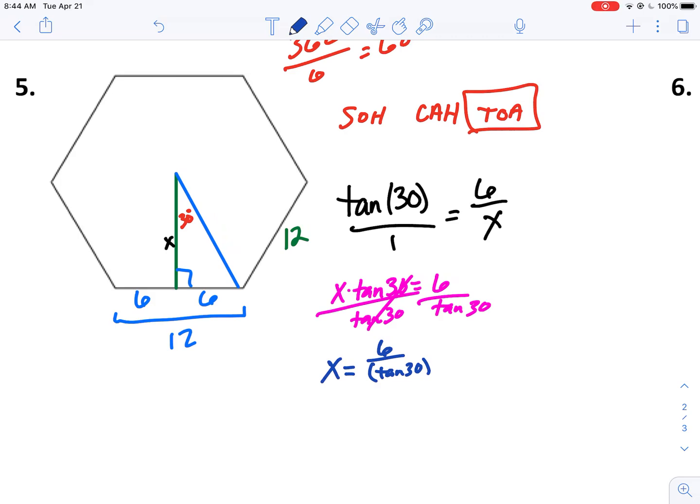So in your calculators, or in Google, you can type in x equals 6 over tangent of 30 degrees. And I'm going to do that in my calculator. 6 over tangent of 30.